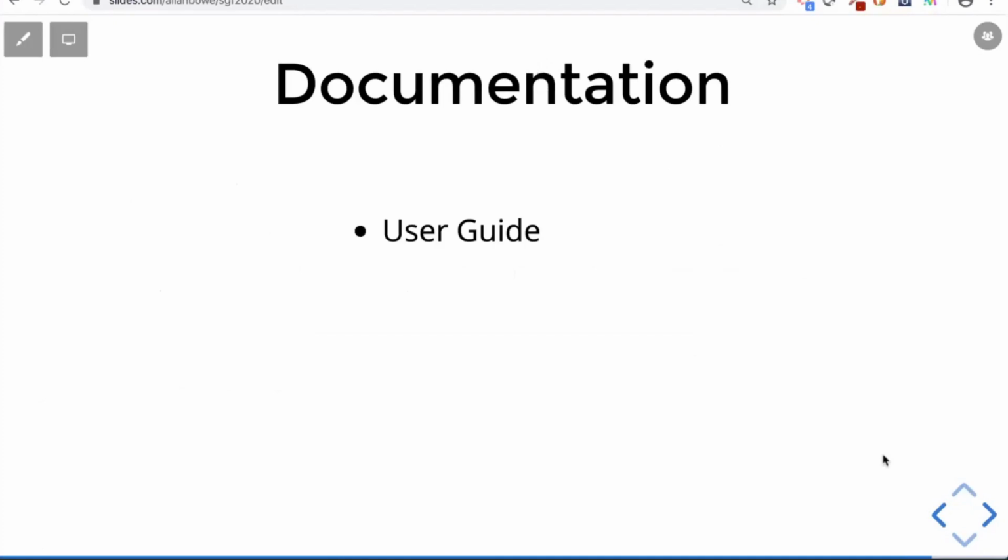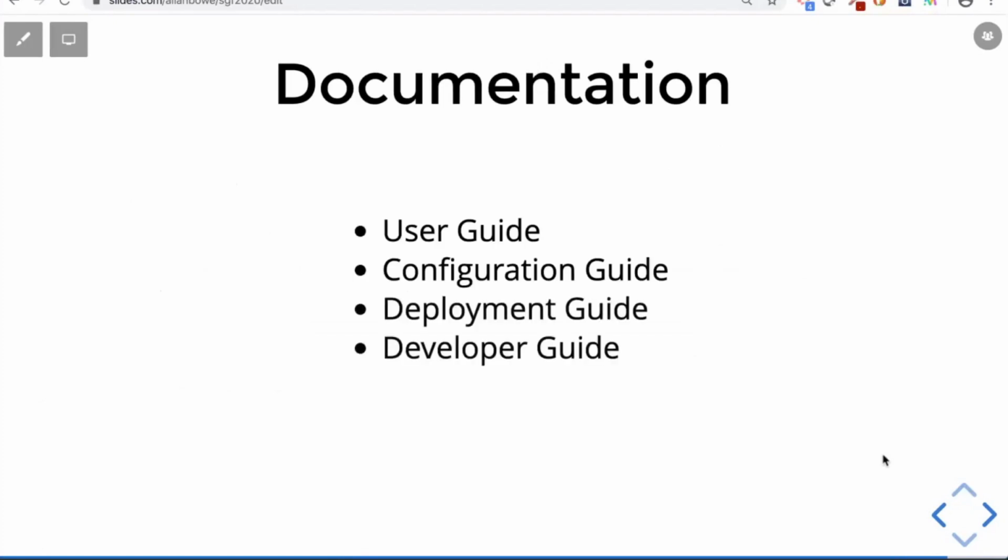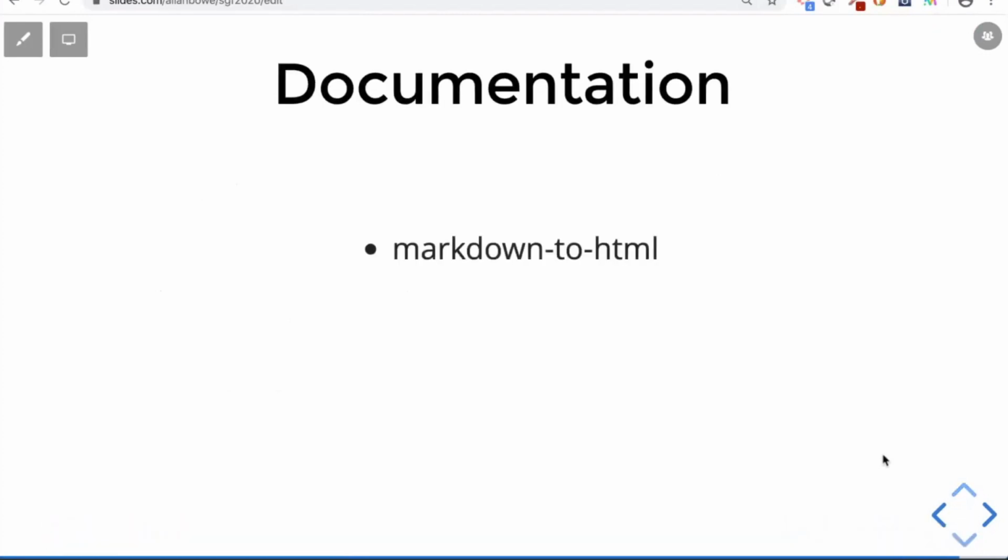In terms of building documentation, once your app's done, you're going to need a user guide, a config guide, a deployment guide, even a developer guide. There's tooling you can use for this. Markdown to HTML is a command line tool where you can take your README and convert that to an HTML file.